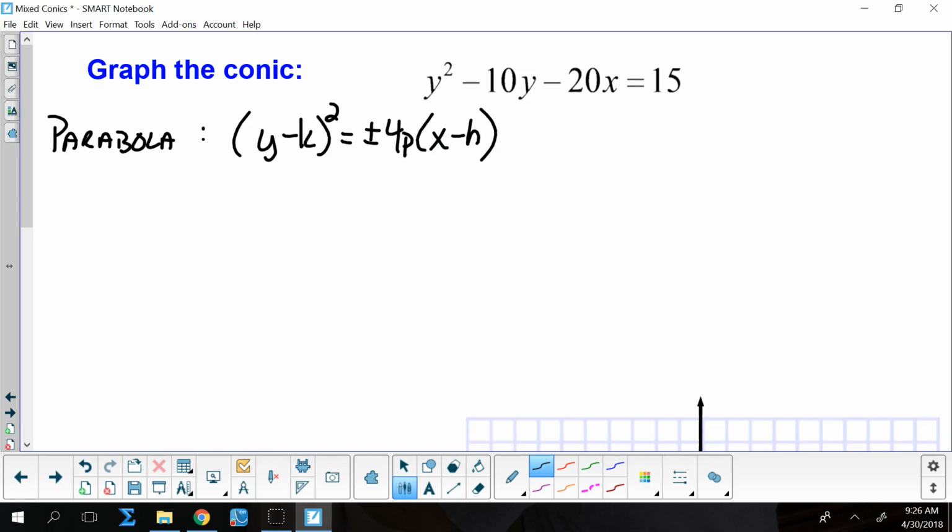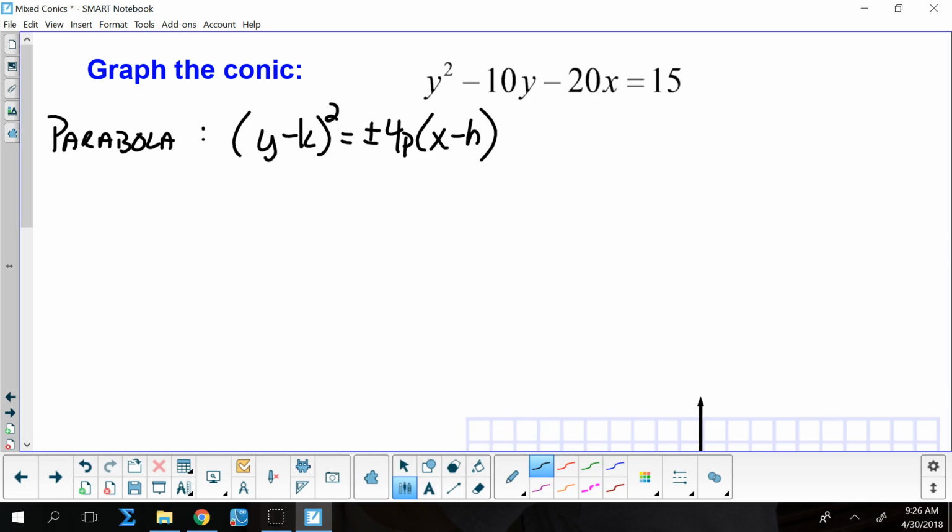Correct? When I go to graph this one, which direction is this parabola going to open? Up, down, or left and right? We don't know yet because we don't have it in standard form yet, but we can get the general feel. This is going to be a left or right one because y is squared.